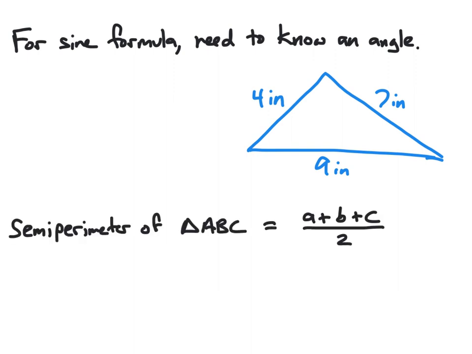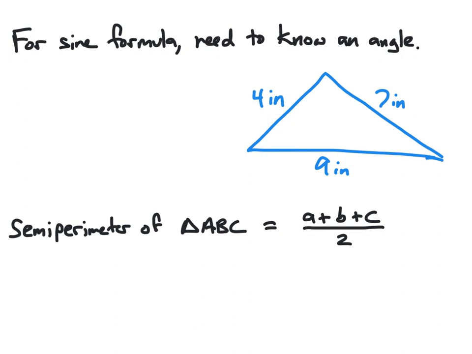So the semi-perimeter of a triangle with angles A, B, C and side lengths lowercase a, b, and c will be the perimeter, which is the sum of a plus b plus c, the three side lengths, all divided by 2. So this is 1/2 times the perimeter of the triangle.